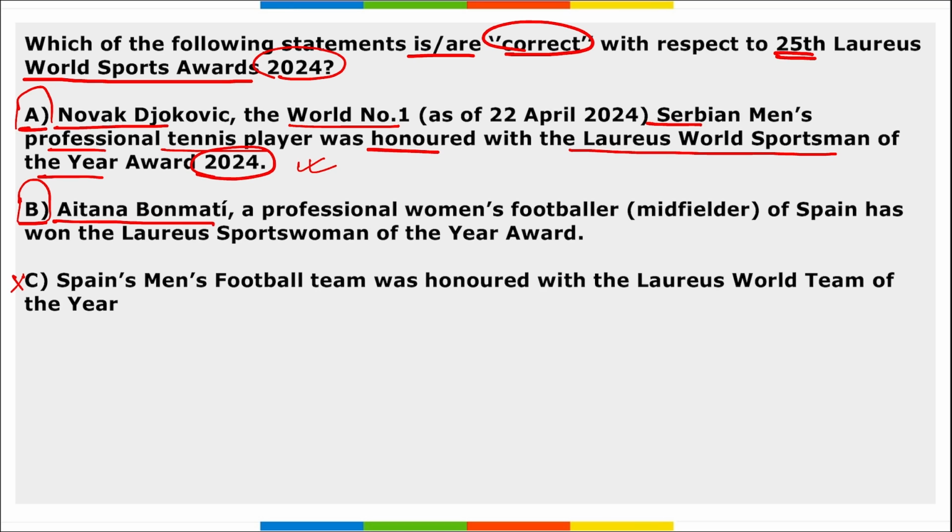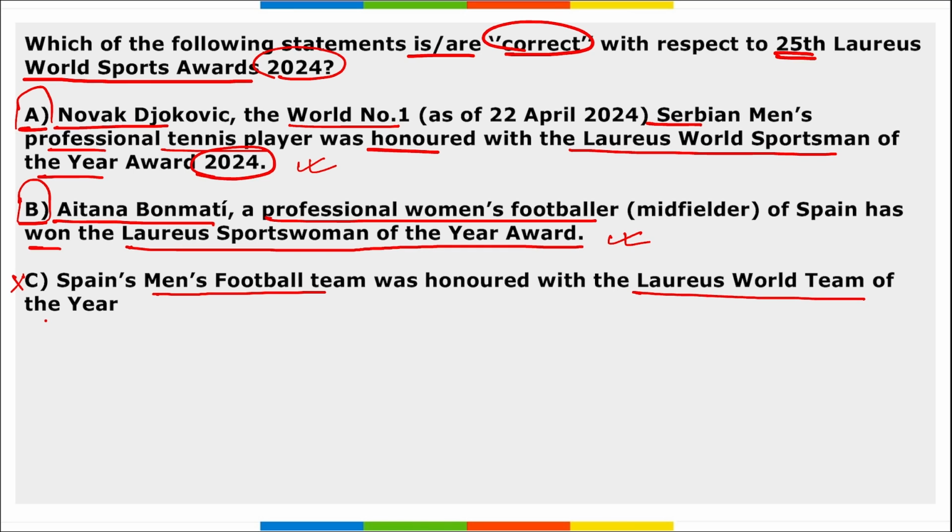B is that Aitana Bonmati, a professional women's footballer of Spain, has won the Laureus Sportswoman of the Year Award. So absolutely right. C option is Spain's men's football team was honored with the Laureus World Team of the Year. Is it correct? No, it was not Spain's men's team, but it was Spain's women's team that was honored here with the Laureus World Team of the Year.